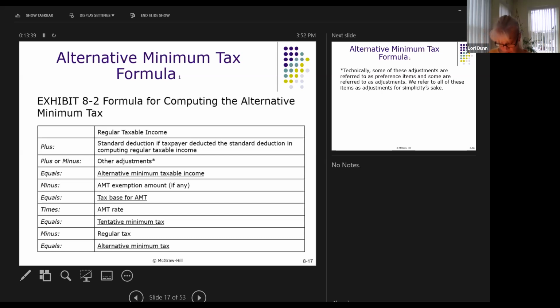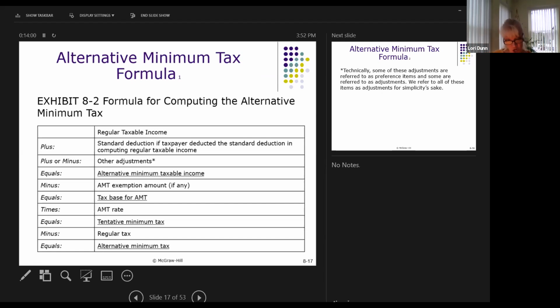By how much? Well, take the $700,000 minus the lower end of the threshold, $518,400. Her alternative minimum taxable income is $181,600 above the lower end of the threshold.